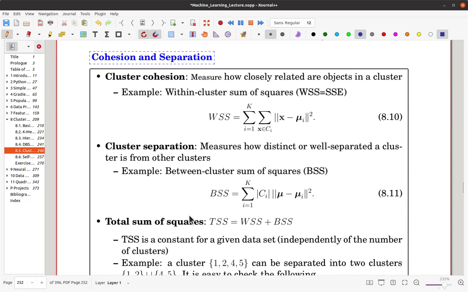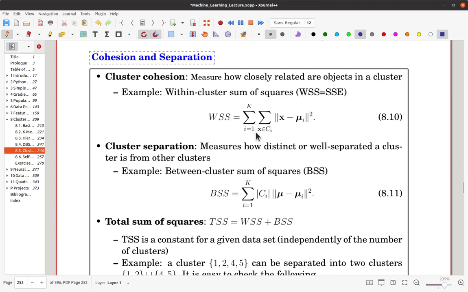Now, here, cohesion and separation. The cluster cohesion measures how closely related the objects in a cluster are, which is eventually the same as the SSE, the within-cluster sum of squares.